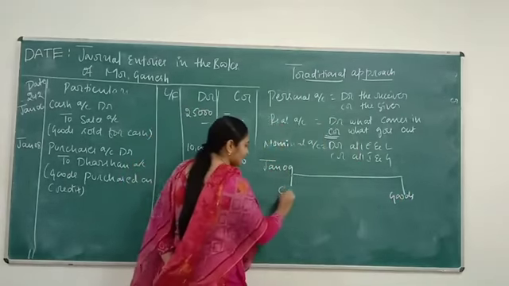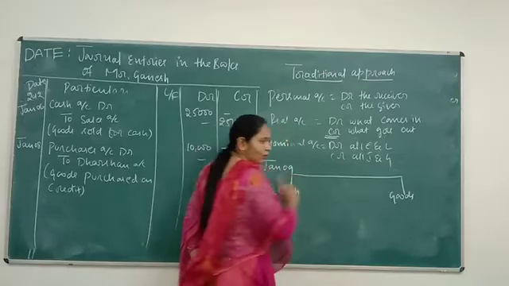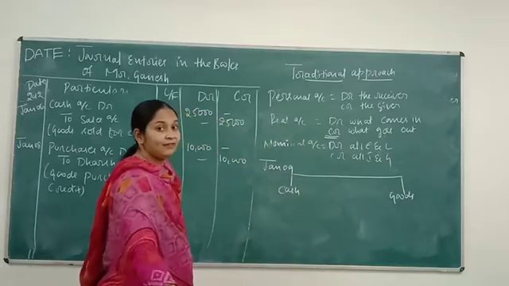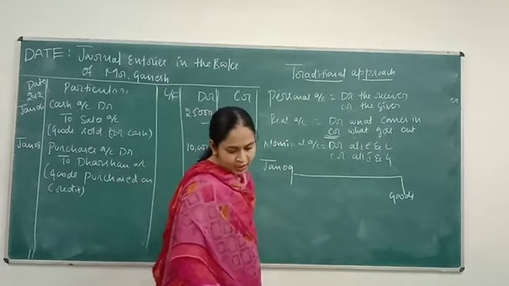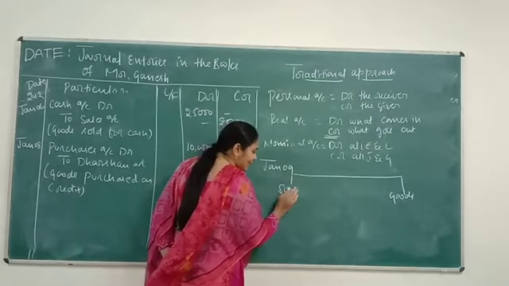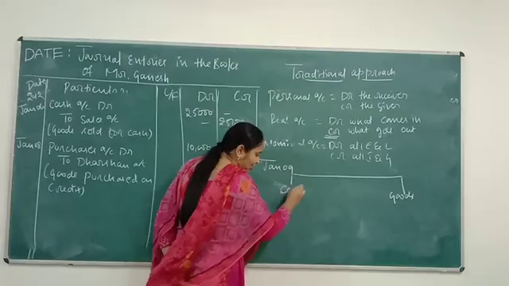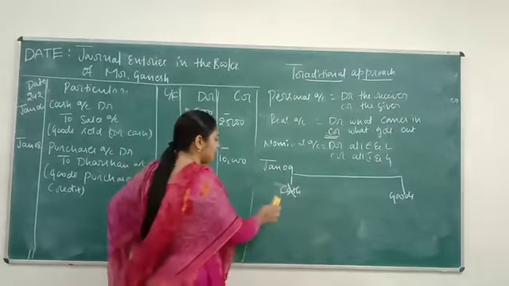When I sell goods for cash, cash will come in and goods will go out. But here we are selling goods on credit, to Sudeep. So instead of cash, I should write the name of the customer.